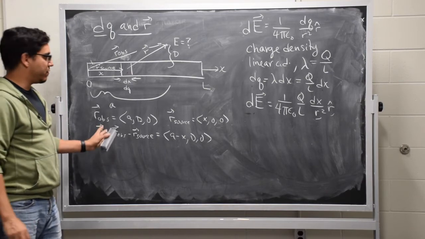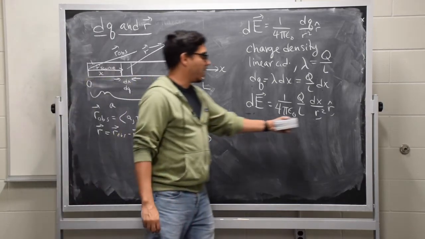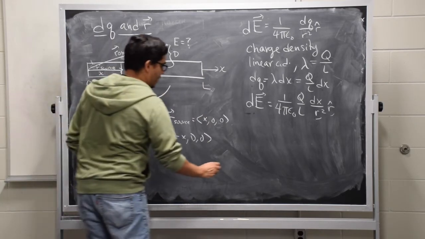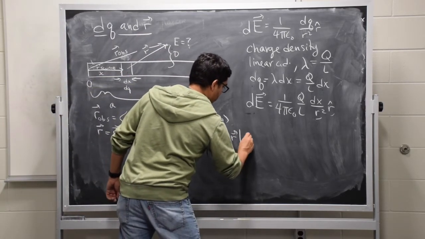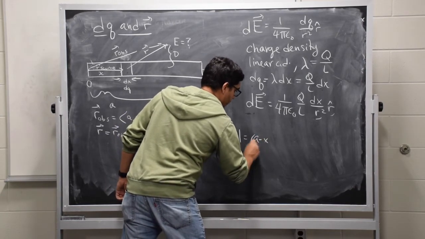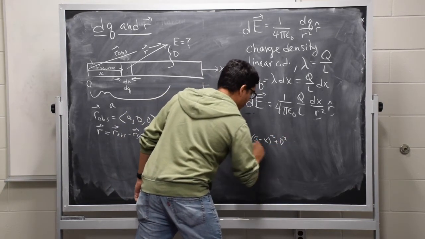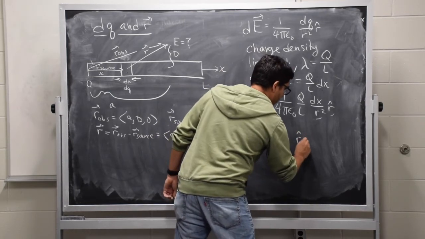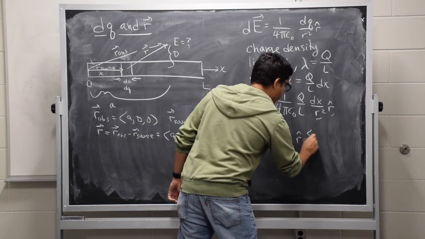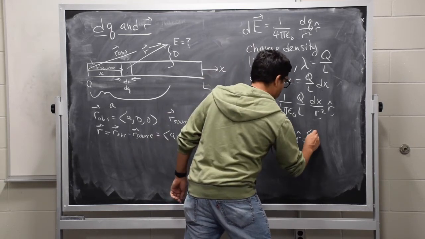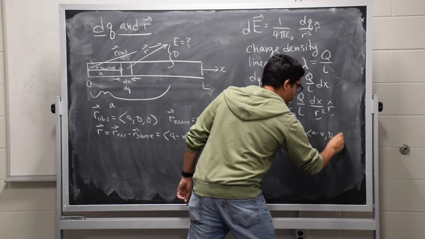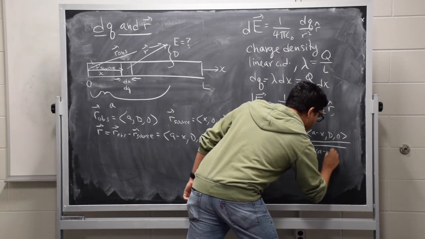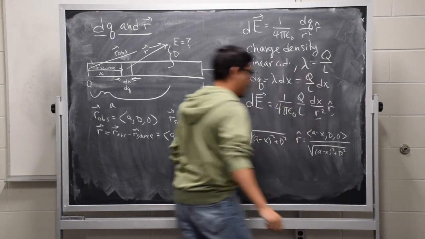We can see where this comes into our calculation for dE. We have a magnitude of the separation vector, given by the square root of (a minus x) squared plus d squared, and a unit vector equal to the vector itself, (a minus x, d, 0), over this magnitude, the square root of (a minus x) squared plus d squared.